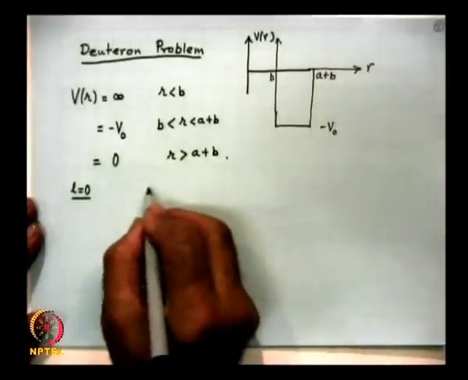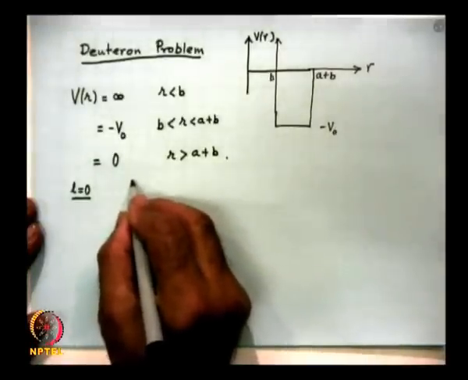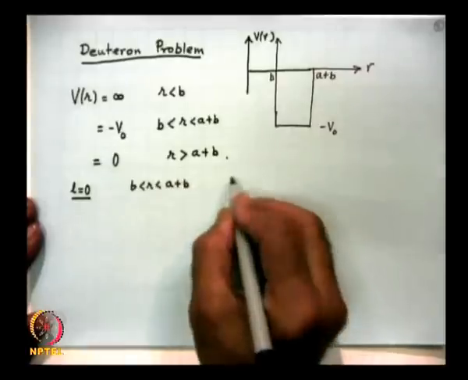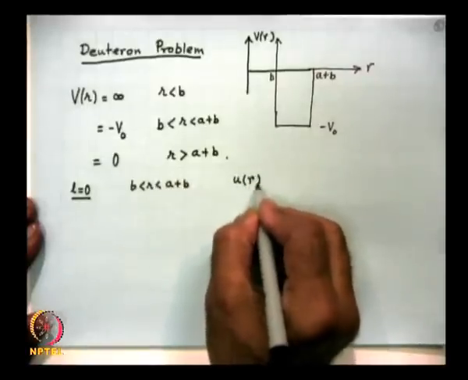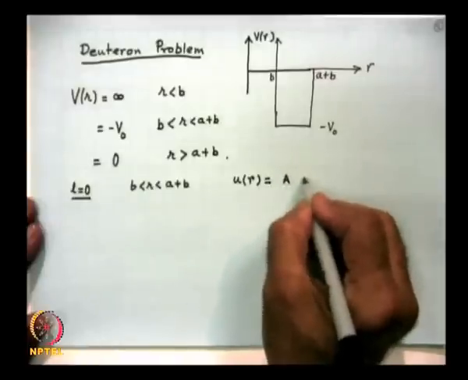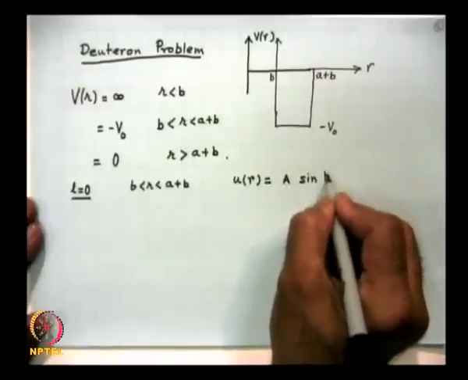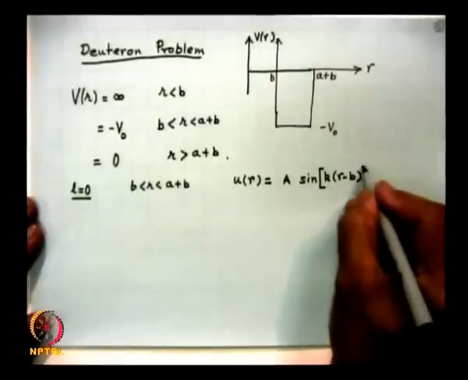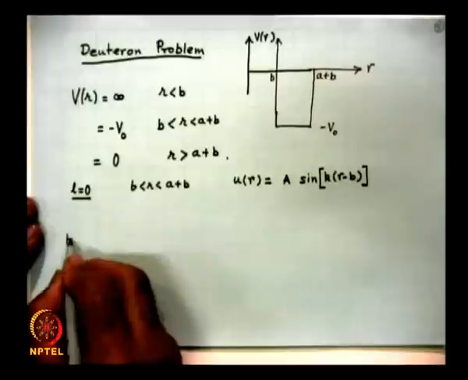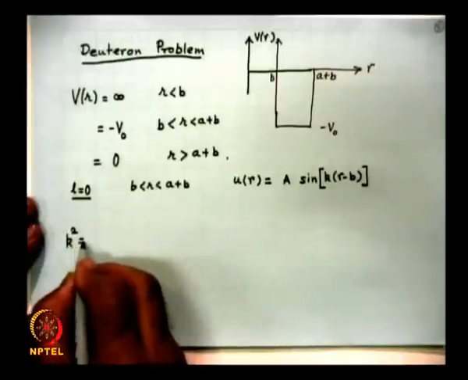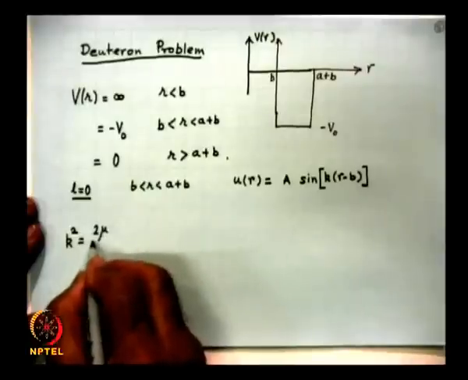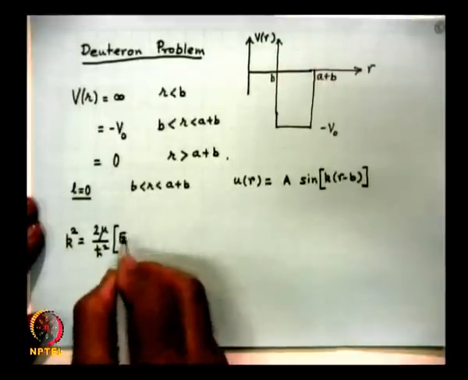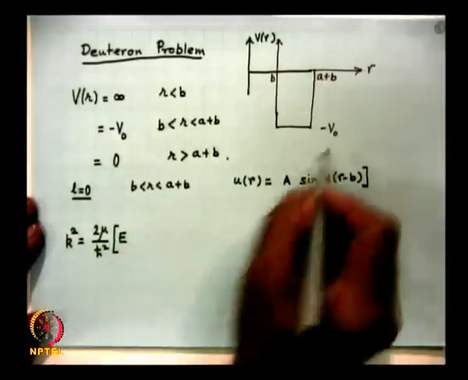And we found that in the region B less than r less than A plus B, the solution of the radial part of the Schrodinger equation was sine of k into r minus B, where k square is equal to 2 mu by h cross square into E minus V, but V is equal to minus V 0.